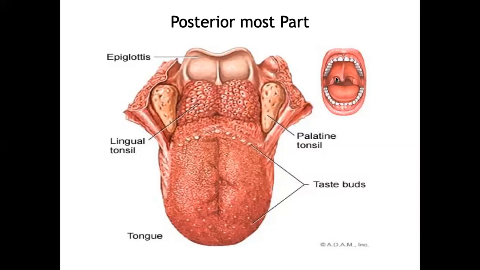In between that, we have got tonsillar fossa, and in that tonsillar fossa, we have got palatine tonsils. What else have we studied? We studied that the tongue is made up of anterior 2/3 and posterior 1/3 areas, which is separated by sulcus terminalis. At the midpoint of sulcus terminalis, there is one depression that is called as foramen cecum, which is an embryological structure. So this is about the dorsal surface.